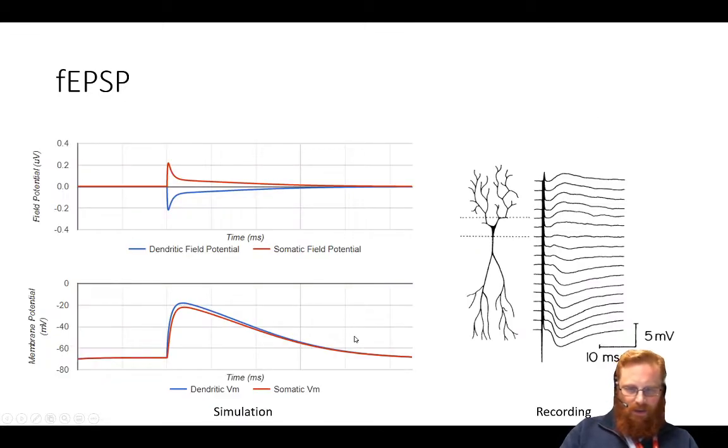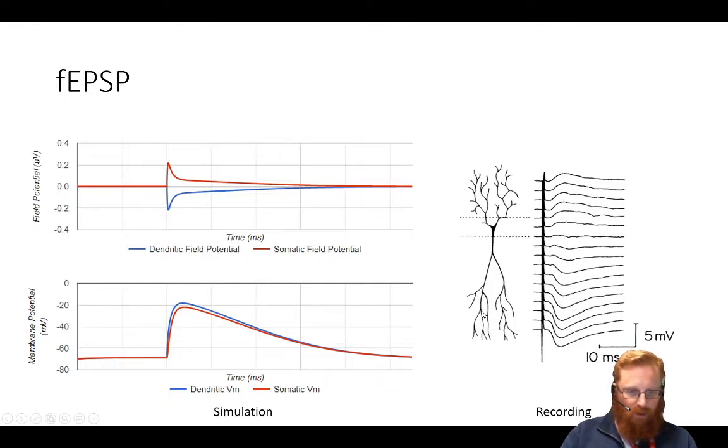Now, this is a simulation that I ran of the idea that these local field potentials are confusing, right? So if you stick your electrode down here in the dendrites where the Schaffer collaterals are, you see this negative going potential. Like I just said, the sodium goes in, so that makes the outside negative. But as I said way back at the beginning, charge cannot be created or destroyed.